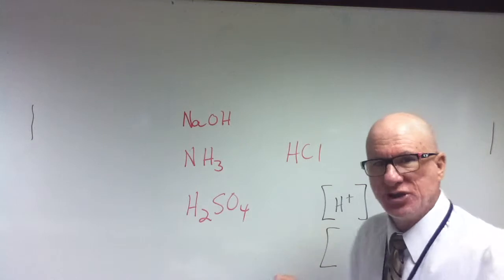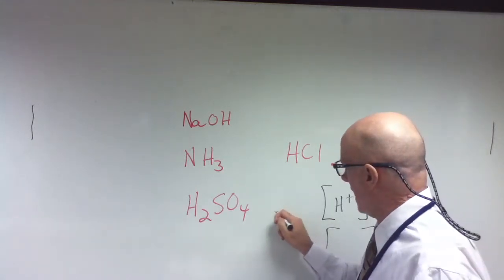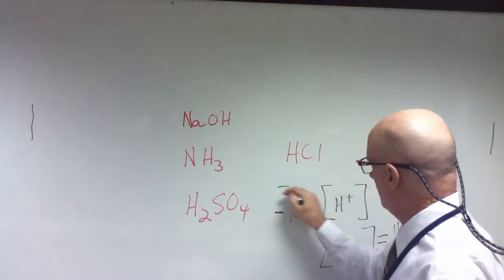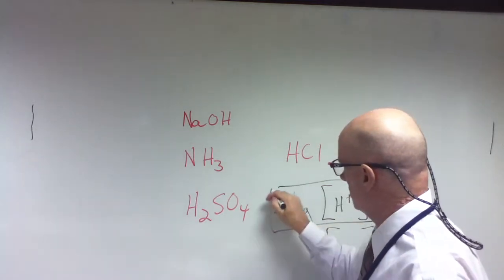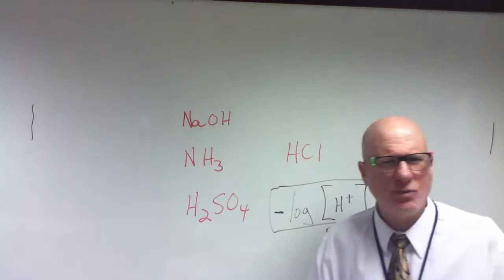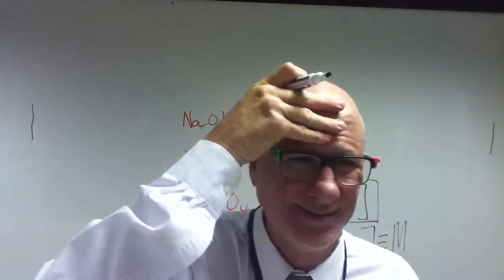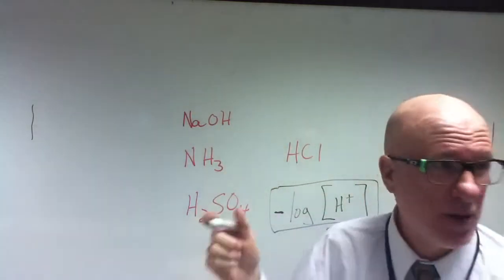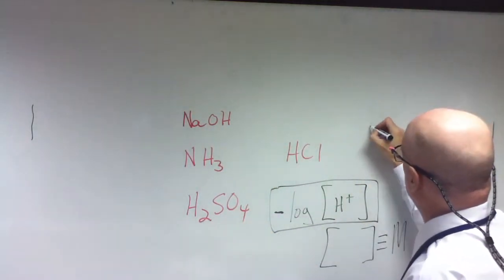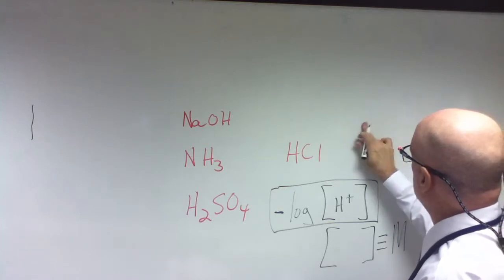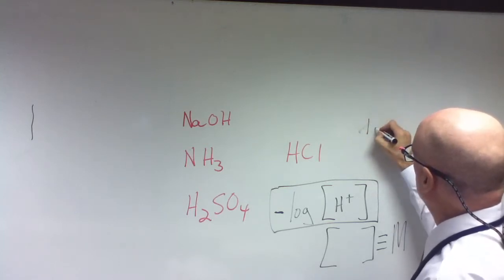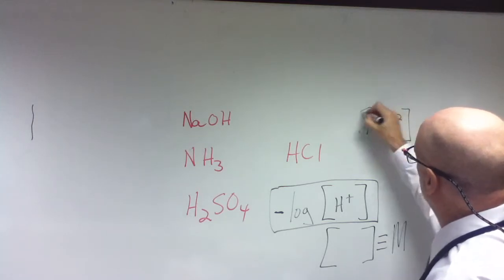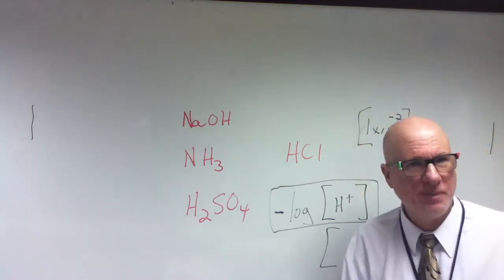And actually what you would say is the negative log of the hydrogen ion concentration, on your calculator. Okay? What's the log, essentially? It's the exponent, right? So in other words, if I said to you 1 times 10 to the negative 2, what's the pH?